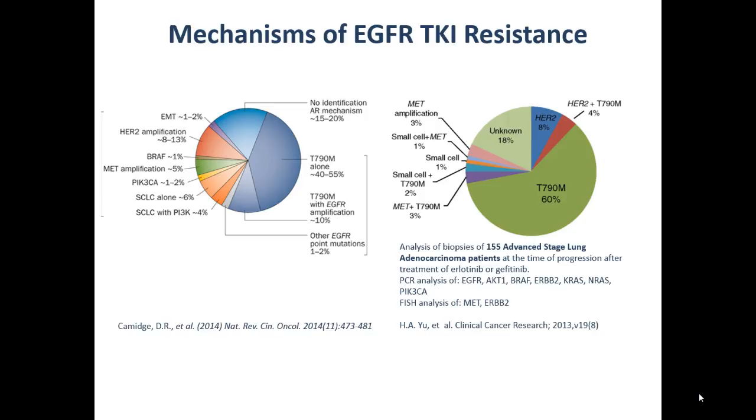But this is the current known mechanism of resistance, of escape from that sensitivity. Either T790M, which I already mentioned, and I gave you 2 studies just to show the gist of that. It depends on the study, depends on the population.